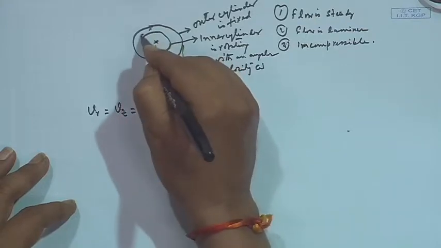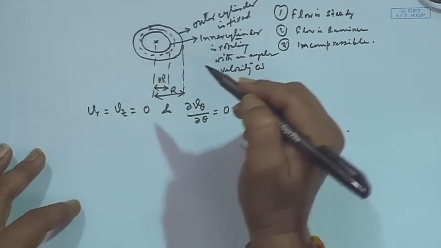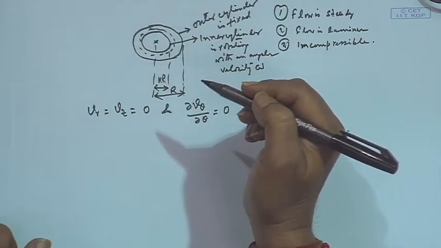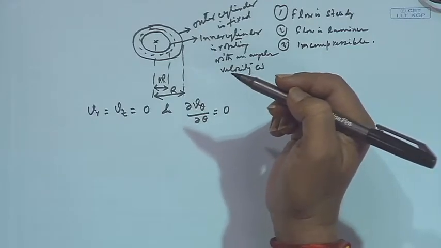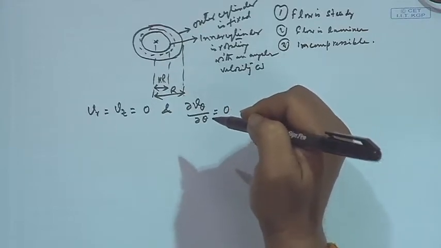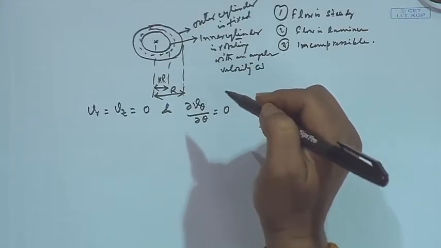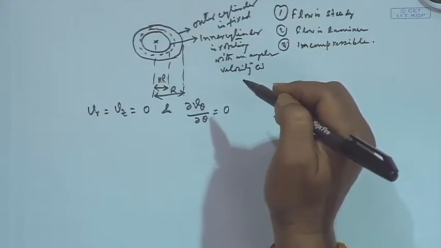That is, there is no velocity component in the theta direction. There is no change in velocity V theta in the theta direction. That is why del V theta is 0. Why we kept it like that? Because we said that the flow is laminar, right?